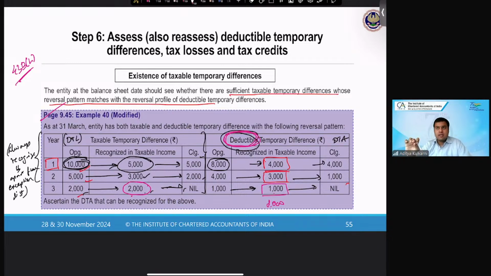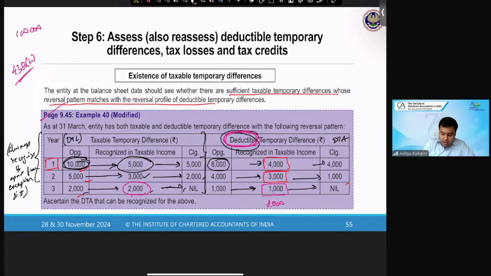But tell me one thing, the benefit of this disallowance, you will get only if the future is a taxable income year. Yes or no? Suppose I have not paid my vendors to the tune of 1 lakh rupees.